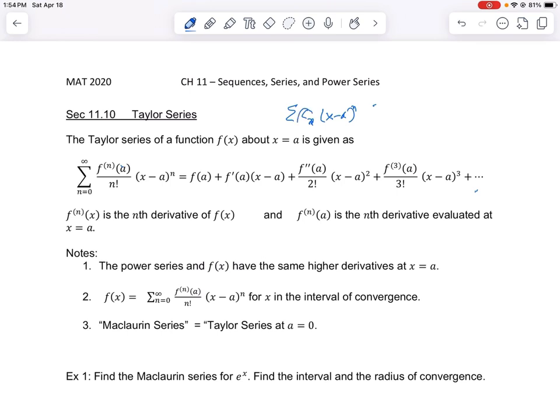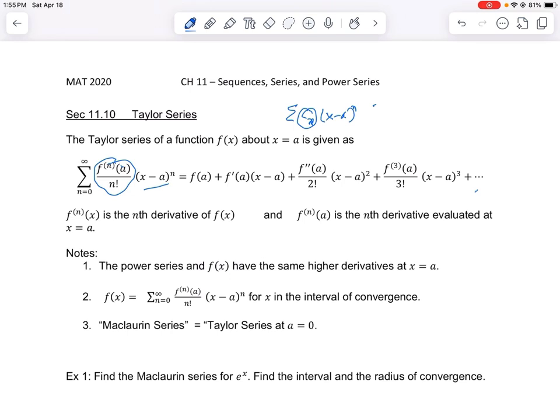So here the Cn's are constants or coefficients that are derivatives of the function evaluated at the number a, or x value a, and then divided by n factorial. And this x minus a is the usual term that comes with the power series evaluated at a.